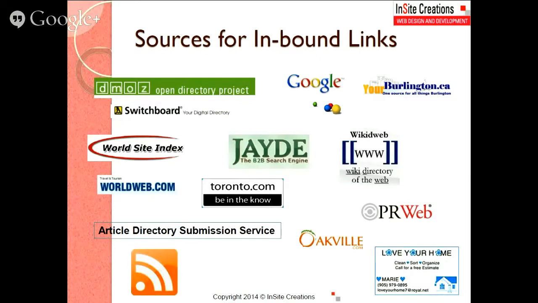All these kind of things help, but they're not as good as blog posts and social media posts. But they do also bring in some kind of pointing system, helping you with how many inbound links you have.